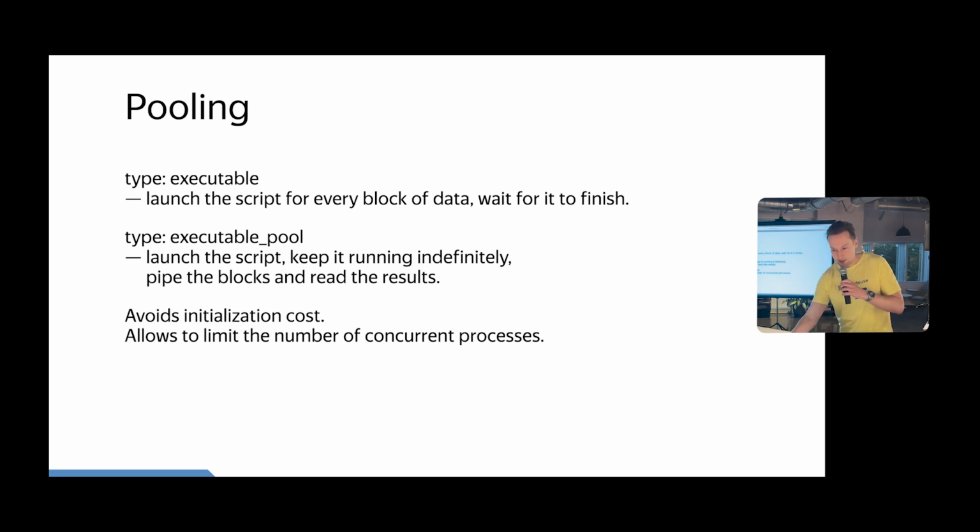In the second mode, it will launch the script and keep it running, and continue piping the data into it and reading the results out of it. It avoids initialization cost, and the number of concurrent processes will be run near the ClickHouse server.